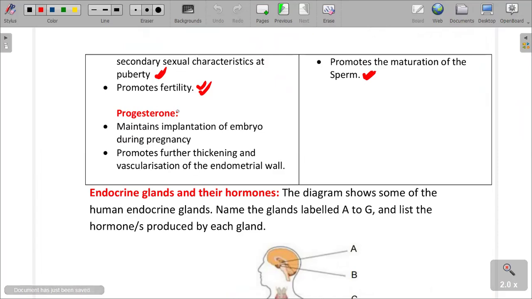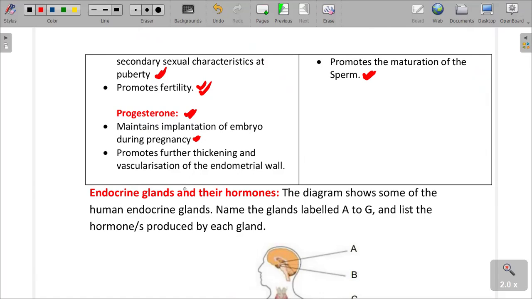And then progesterone maintains implantation, that is pregnancy, and then promotes further thickening and vascularization of the endometrium walls. We are talking about the wide supply of blood into the blood vessels. It is promoted because of the what? Because of the progesterone hormone.